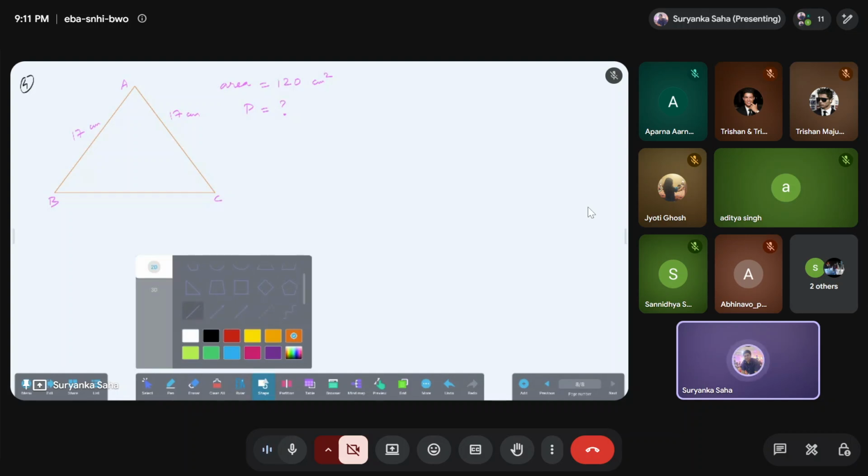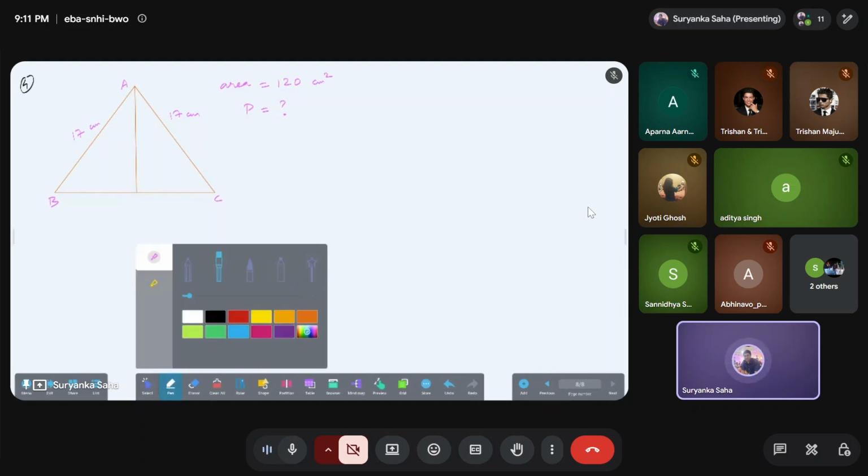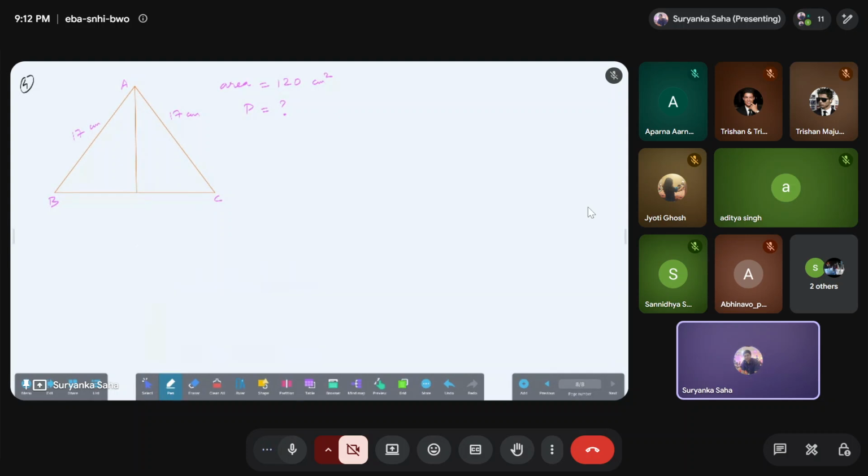Drop the perpendicular, it will divide the base into two equal parts.